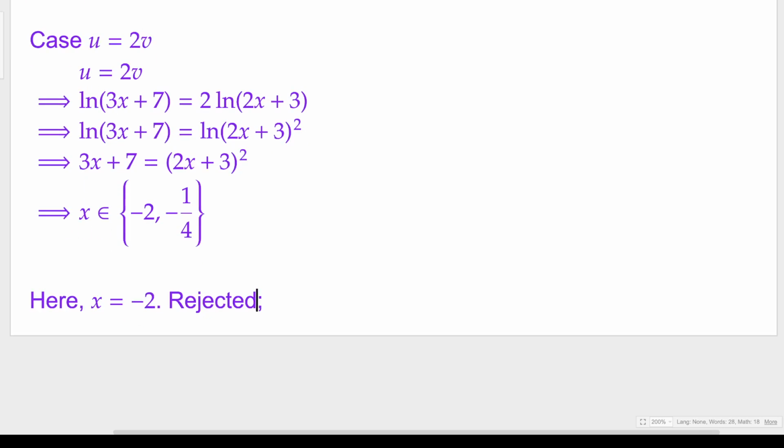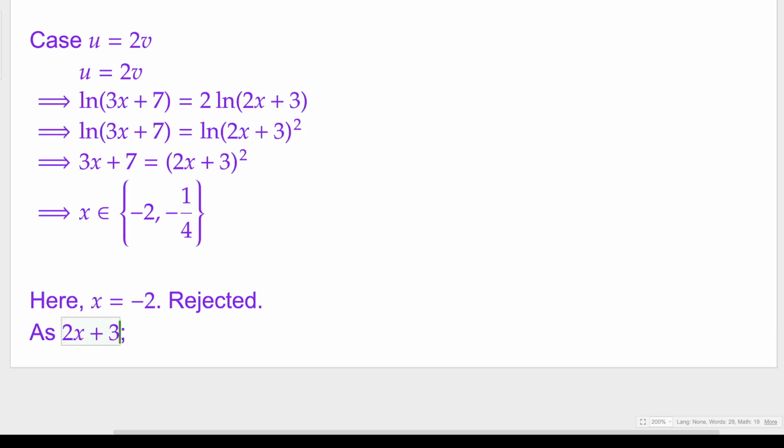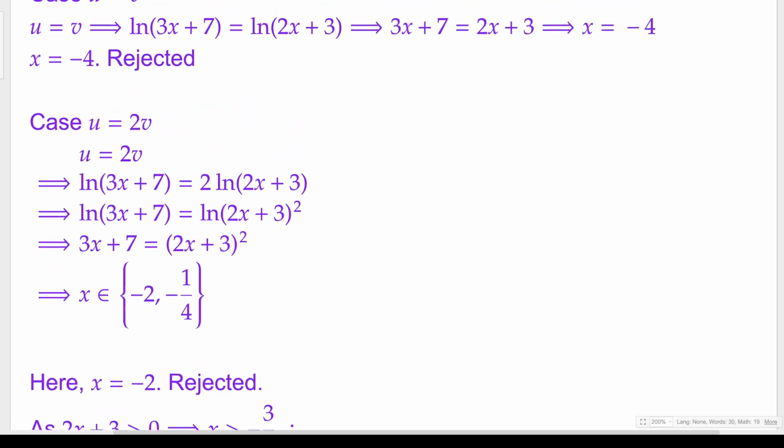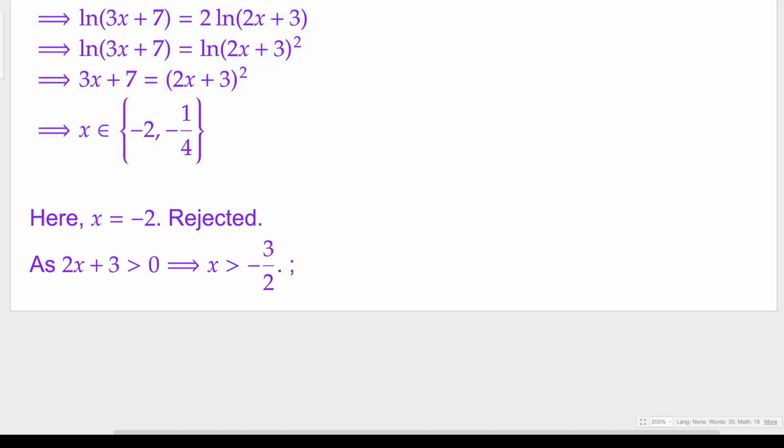So to say it technically, this 2x plus 3 has to be greater than 0. So from this we can say that x must be greater than negative 3 by 2, and indeed this holds for 2x plus 3 as well as for the other one, 3x plus 7, it will satisfy for both, right.